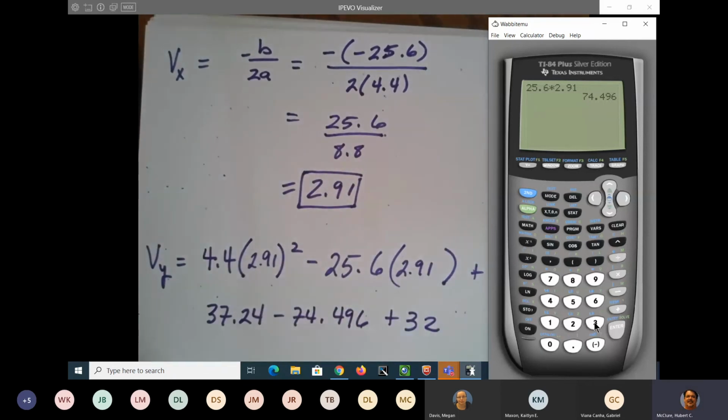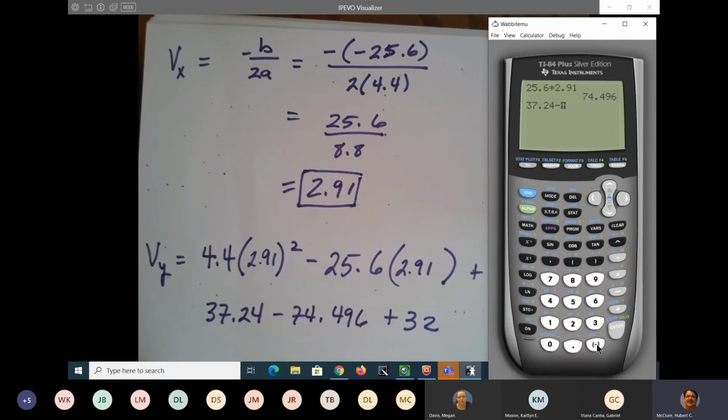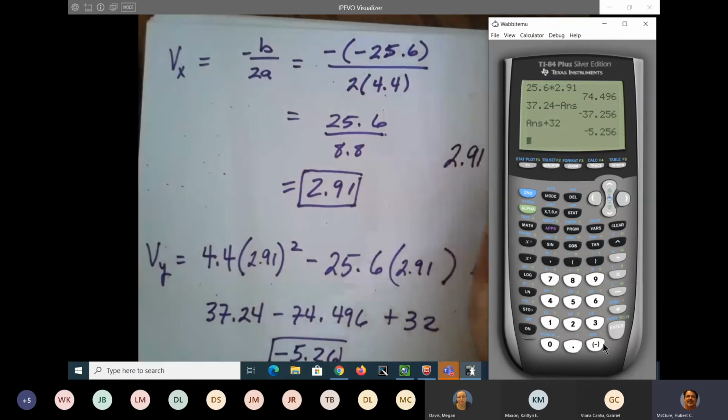So 37.24 minus the second answer plus 32. So my y is negative 5.26. So my vertex is 2.91, negative 5.26.